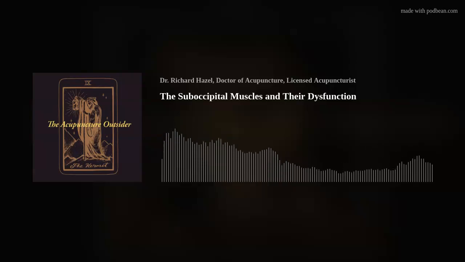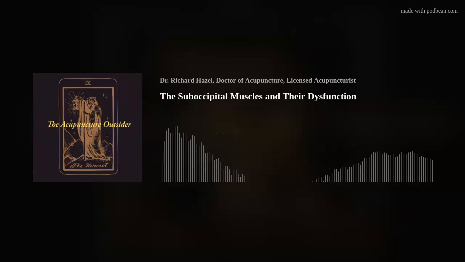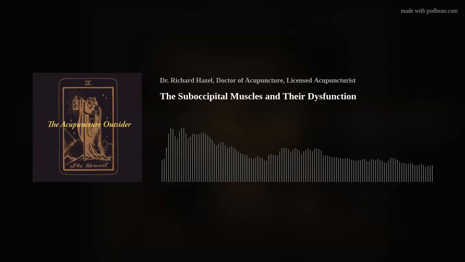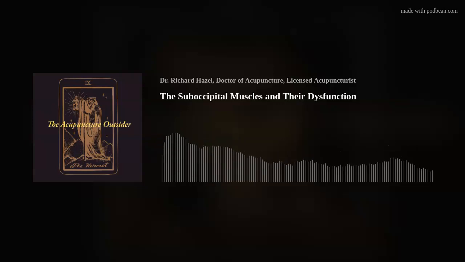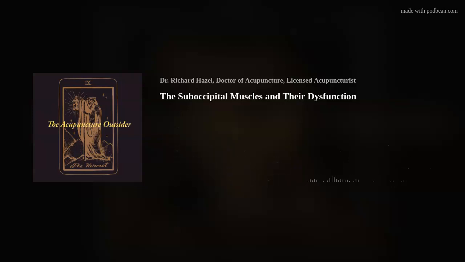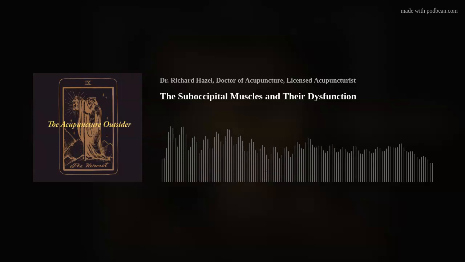The obliquus muscles are interesting. They have an origin at the transverse process of C1, the atlas. So we can influence C1 and the atlas by treating the suboccipital muscles.